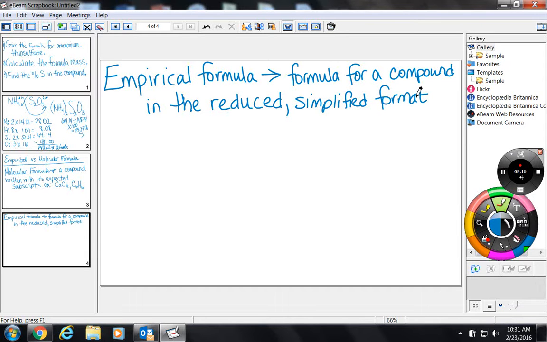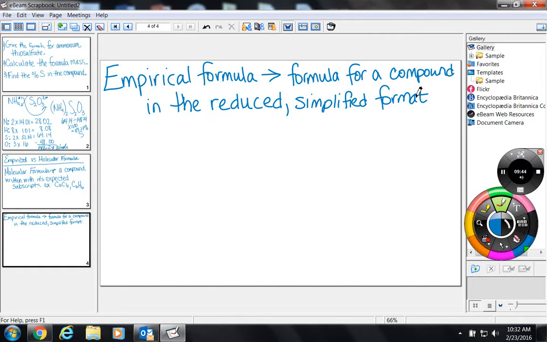It's the formula for a compound in the reduced simplified format. All right? Meaning it's got the lowest whole number ratio that it can. So, for example, C6H6. How can I reduce that? The lowest thing I can reduce it to is divide both of those subscripts by 6, right?